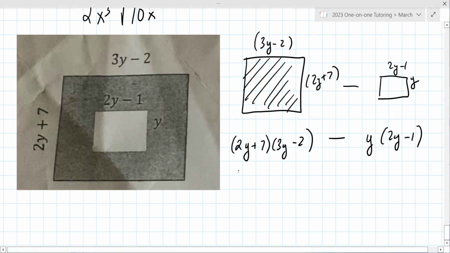How are you doing on this one? I made a little mistake and I'm backtracking to find where that happened. 2y times 3y, 6y squared. 2y times minus 2 is minus 4y. 7 times 3y is plus 21y. 7 times minus 2 is minus 14.